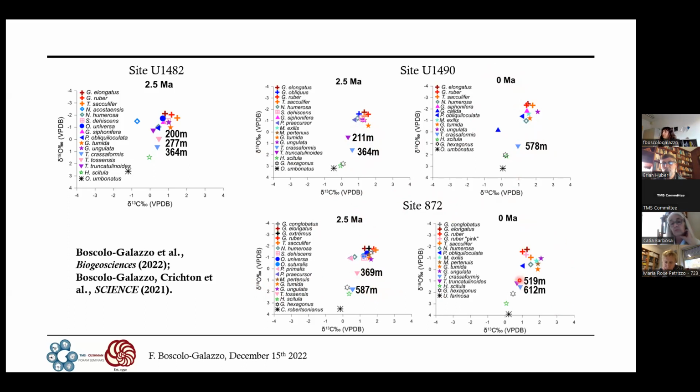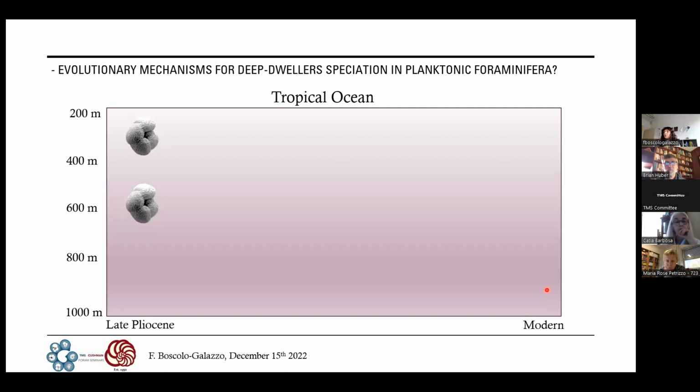The modern sample, Truncorotalia truncatulinoides and Truncorotalia crassiformis, again crassiformis with a deeper depth habitat reconstruction. So again, the ancestor species, in this case crassiformis, always displays a deeper depth habitat compared to any of the daughter species. So again, based on biogeography, abundance, and paleo-depth habitat reconstruction, I tried to reconstruct this evolutionary model.